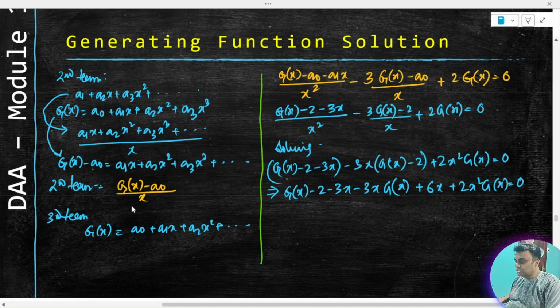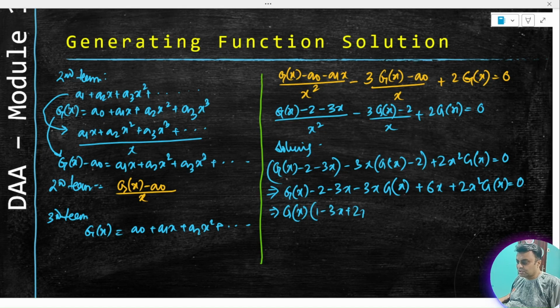So if we group the gx terms, then what are we going to get? We are going to get gx, and then we take a common factor, so it is (1 minus 3x plus 2x square), and then the rest of the terms look like this, minus 2 plus 3x equal to 0.